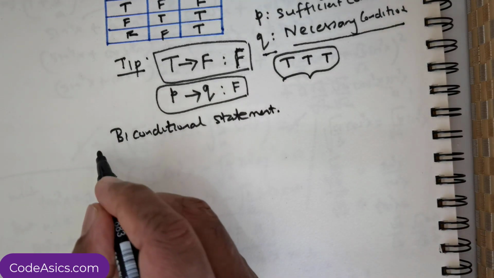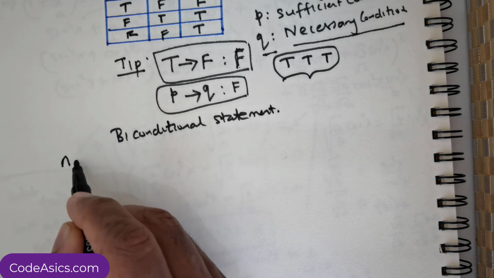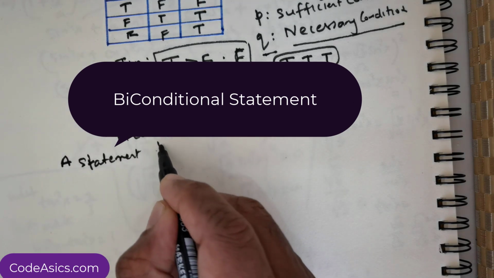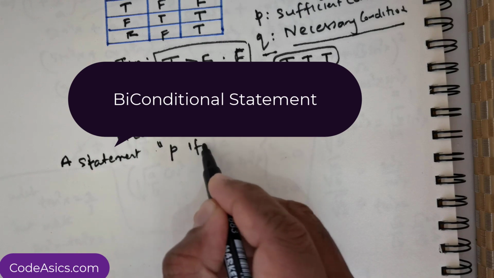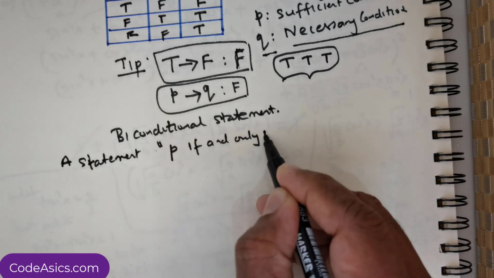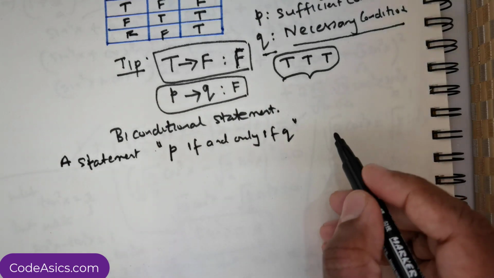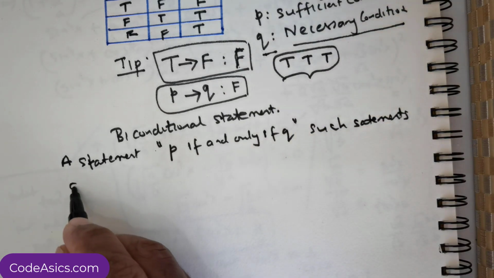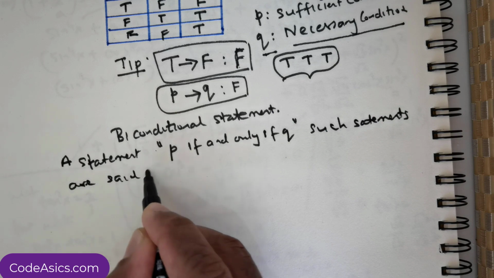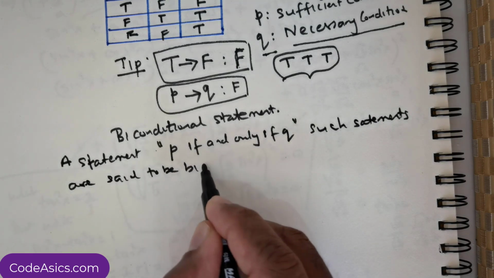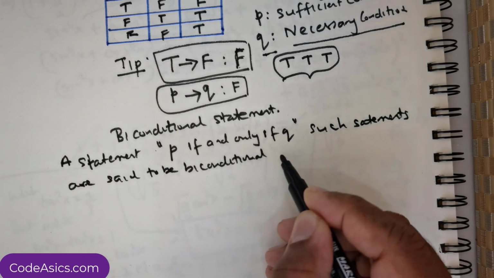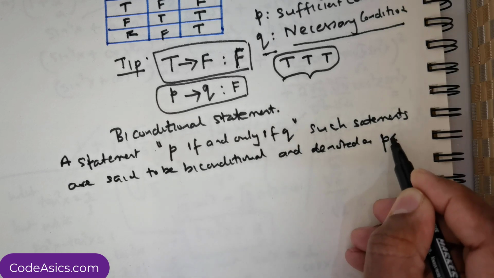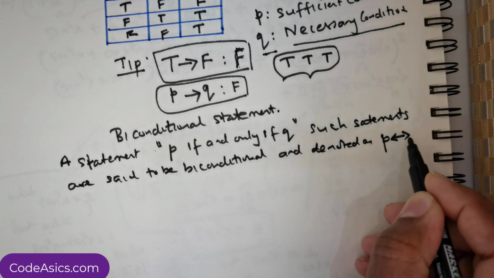In biconditional statement, let me write the definition. A statement of the form P if and only if Q. Such statements are said to be biconditional and denoted as P. The arrow is drawn in this fashion.